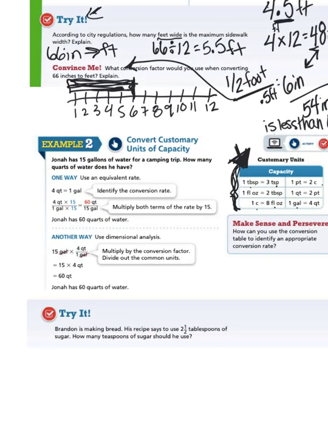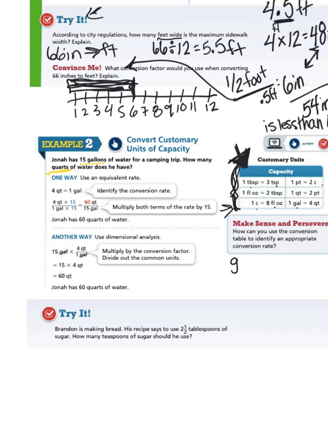So it says, John has 15 gallons of water for a camping trip. How many quarts of water does he have? So you have to look at what are we talking about? Well, we're talking about gallons and we want to take it to quarts. So we need to look over here at our chart and see, is there something that we can convert?